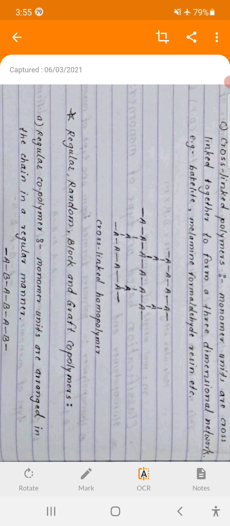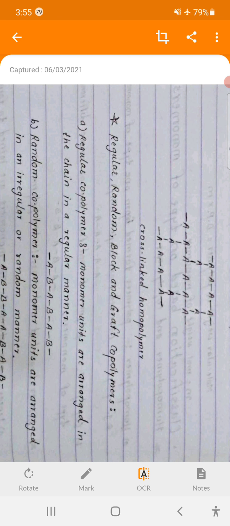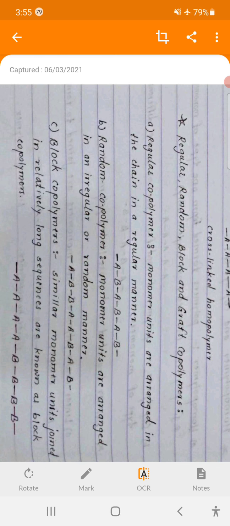Then the next method for classification is based on arrangement of monomers in a polymer chain. Based on arrangement of monomers, polymers are classified as regular copolymer and random copolymer.